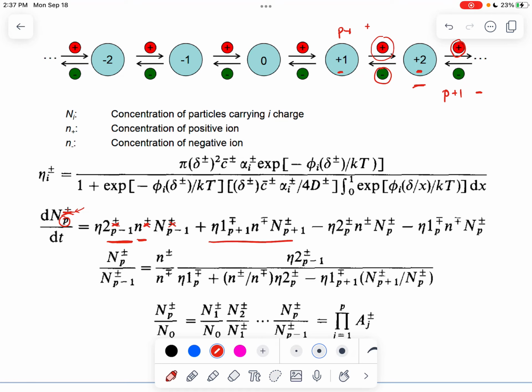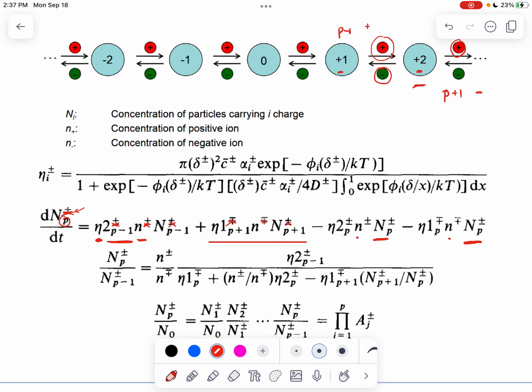It works like that. And then this p plus 1 charge is here, and you can ignore this lower charge here. Okay, and then their concentration can get lost because these particles are colliding with ions of positive charge or negative charge.